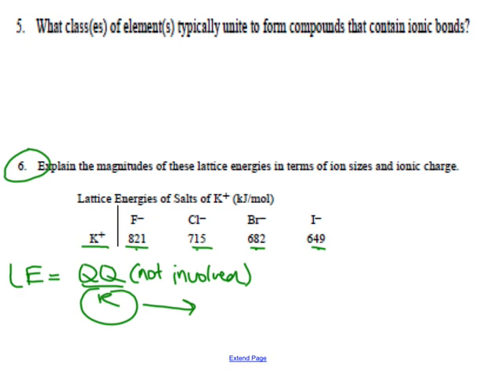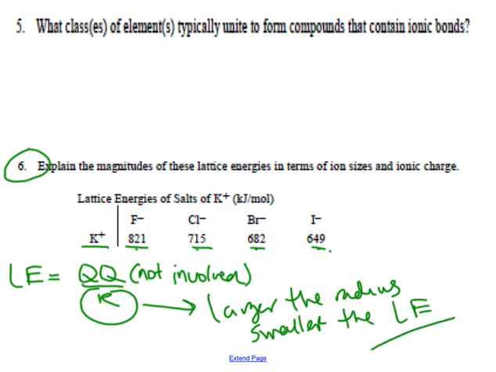The larger the radius, the what? And that works, right? Look at the numbers. It's going big to small. Smaller the lattice energy. Okay? Using that equation is the best way to answer these questions because your equation is your proof.